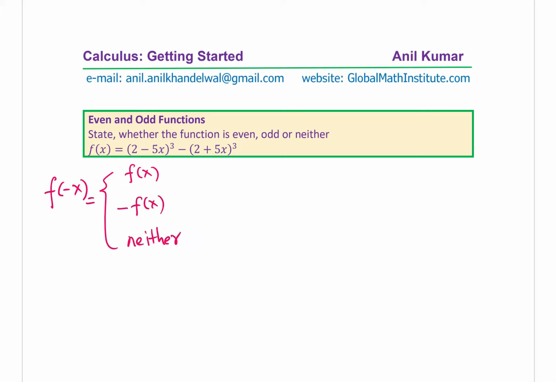If it is f of x, then we say that the function is even. If it is minus of f of x, we say the function is odd. Otherwise, it's neither. Perfect. That is the whole strategy.